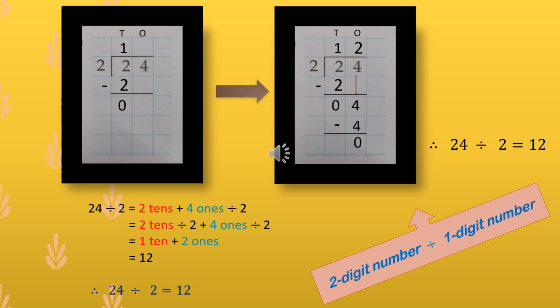And if you remember the property of division, that if we divide a number by the number itself, it always gives the answer 1, right? So 1 we will write at the quotient's place, and 2 we will write just below the number 2, which is at the tens place. Now we will subtract these. Means 2 minus 2, which is equal to 0.